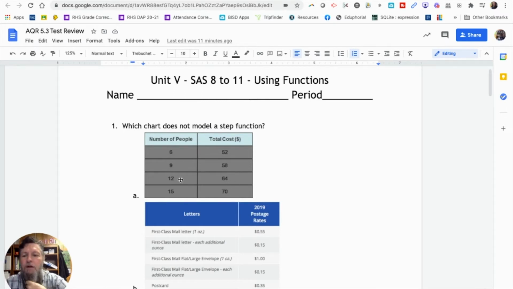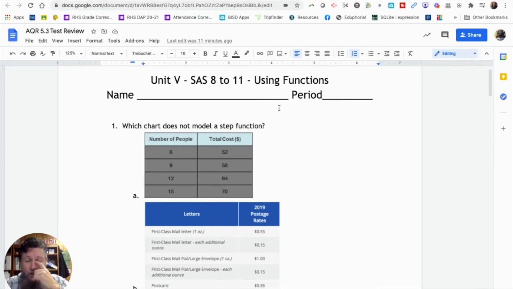And 12 to 15 people, if you added 3 people, there's a $6 difference. So for every person, it's $2. Now, obviously, you're not going to have half a person, but there's definitely not a step function. If you were to plot this, you would see a linear function.